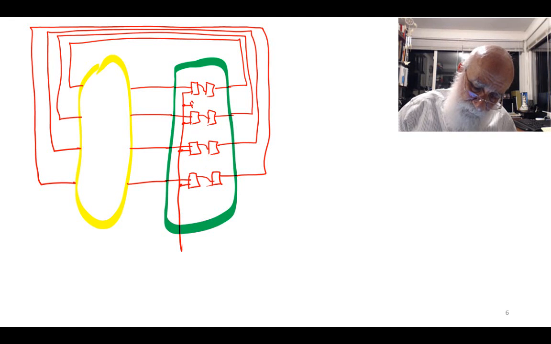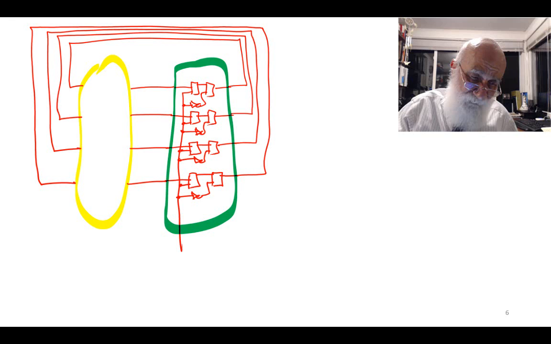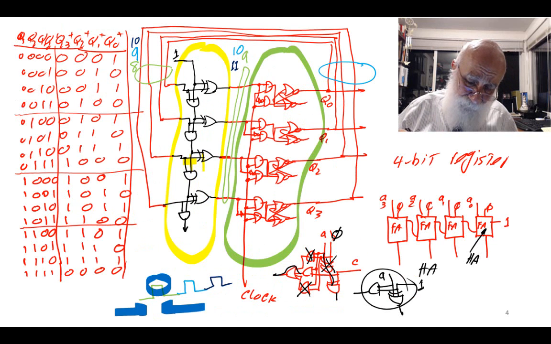And the clock is complemented to go into this. And then I have this incrementer here, which I'm gonna redraw.